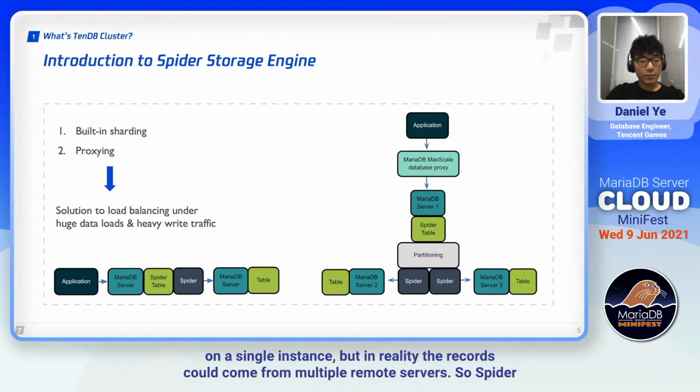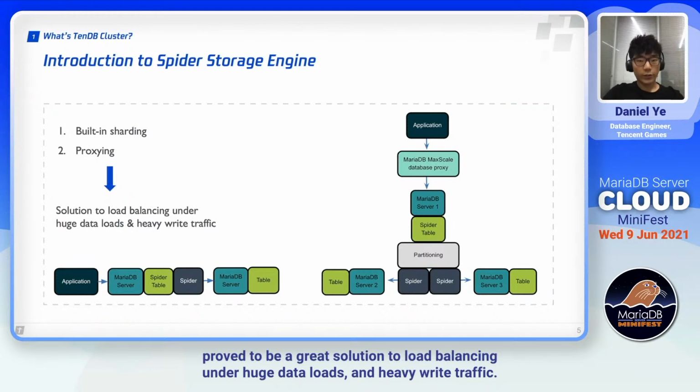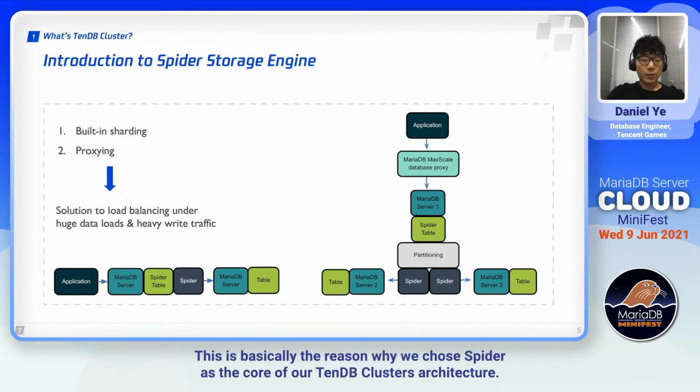But in reality, the records could come from multiple remote servers. So Spider offers built-in database sharding and proxying features with a very intuitive interface. It's proved to be a great solution to load balancing under huge data loads and heavy write traffic. And this is basically the reason why we chose Spider as the core of our TenDB cluster's architecture.